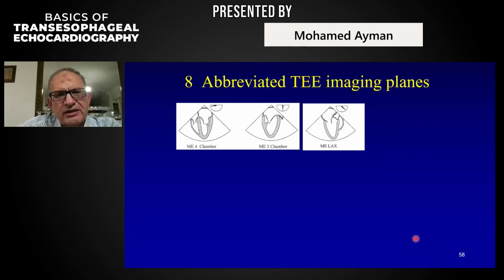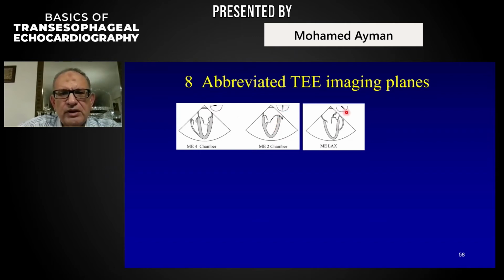So to make things a little bit easier, I'm going to wrap things up. I will tell you the 8 abbreviated TE imaging planes. In the mid-esophageal position, at 0 like this, you can see the mid-esophageal 4-chamber view. Increasing the angle to 90, it will become the 2-chamber view, left atrium, left ventricle.